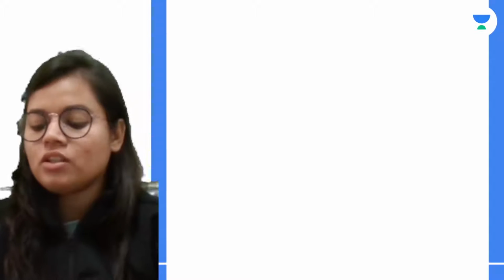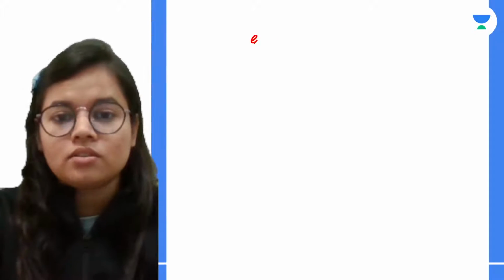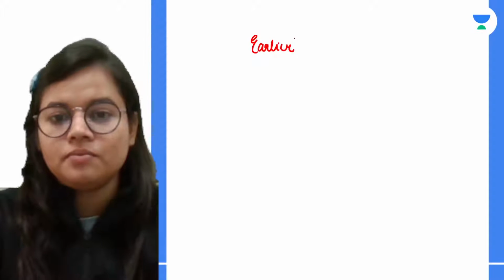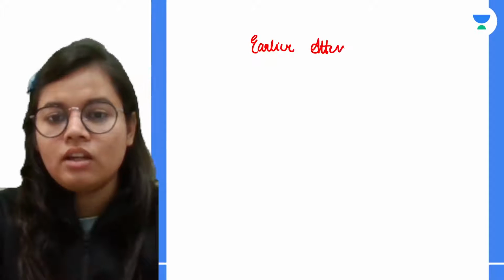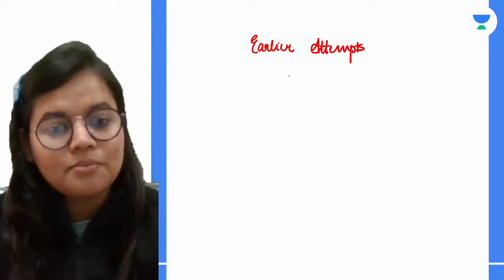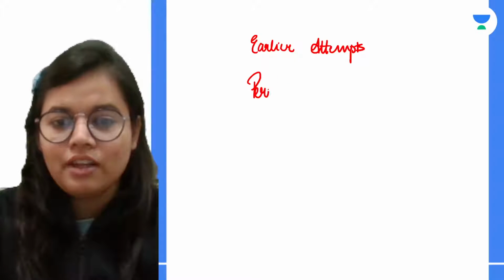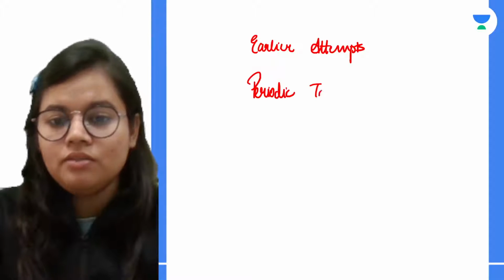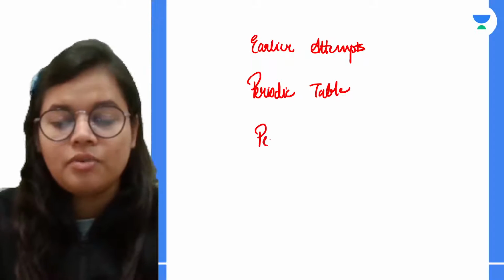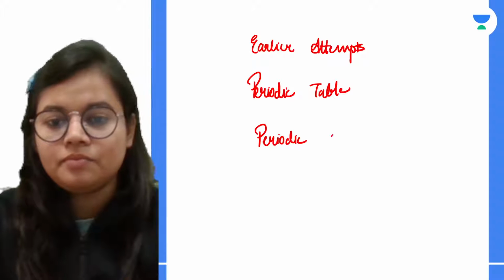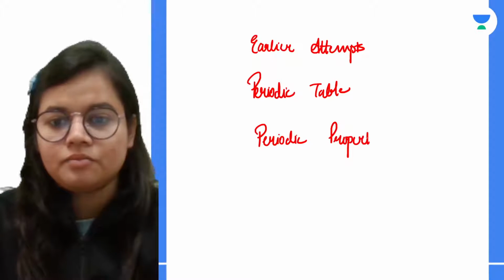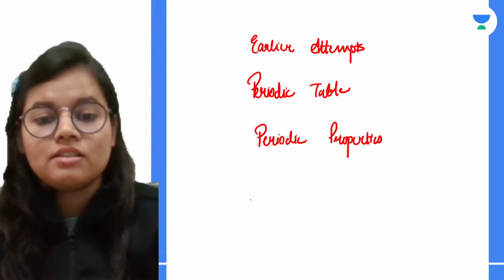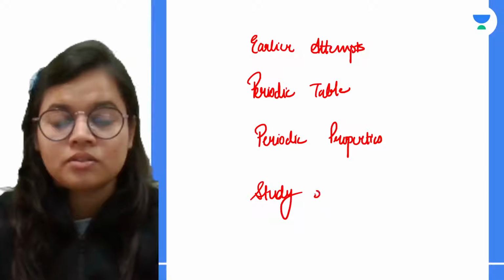And let's quickly see what are the topics that we are going to do today. Now, this chapter is divided into certain categories. First is earlier attempts of classification, then the periodic table, periodic properties, and the last is study of specific groups.